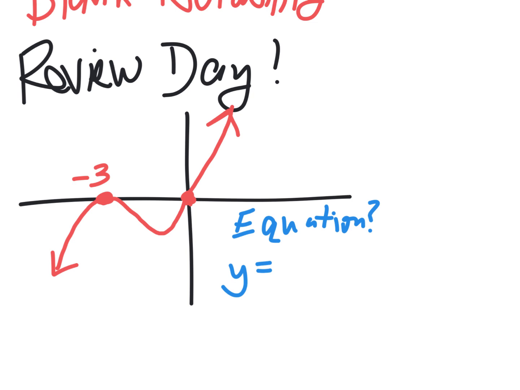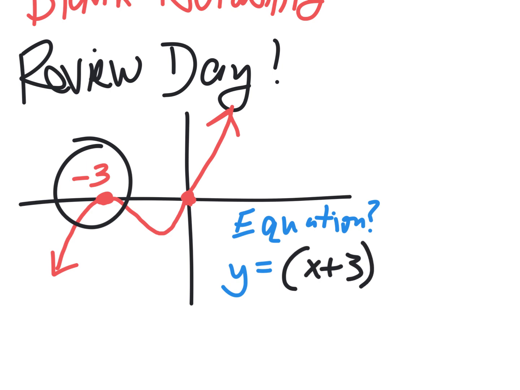I hope that you knew that this one is at x plus 3, because remember, this is what makes this equal 0. So now I go squared because there was a bounce there. You know, this behavior here of going boing, that means this is squared.